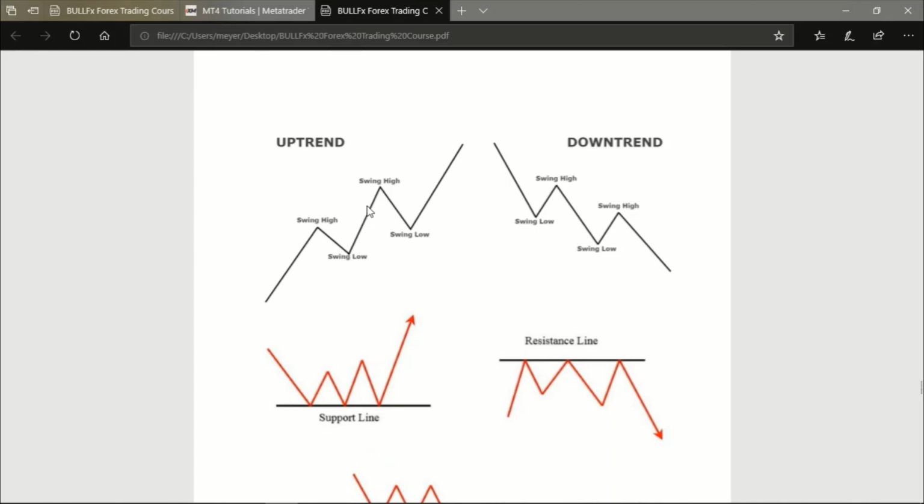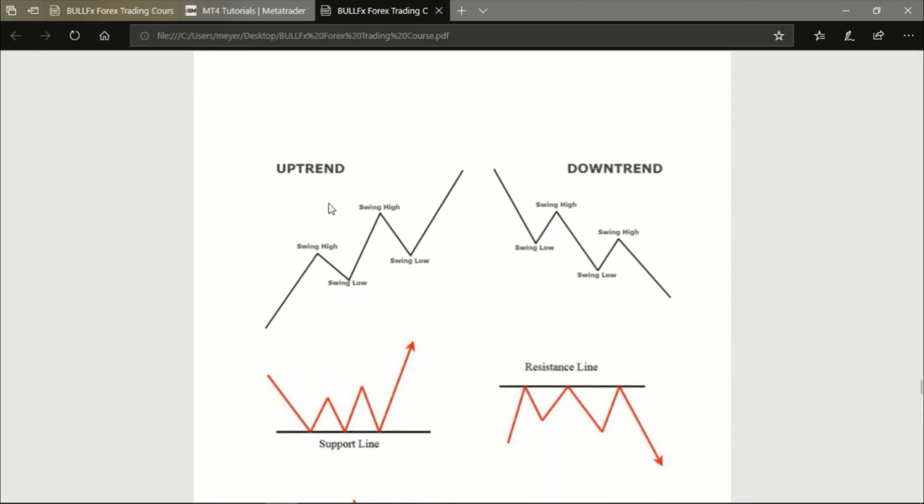The market then moves up to this point over here where we form a higher high because this point is now higher than the previous high point that we've got. The market now pulls down to this point over here where we form another lower high because we are lower than the previous high, than the new high, and then the market continues upwards to obviously form a new higher high.